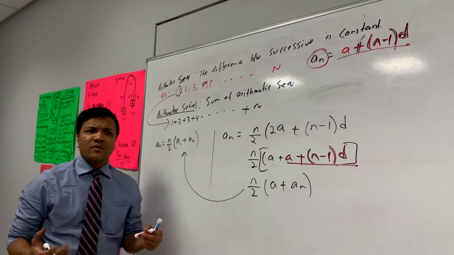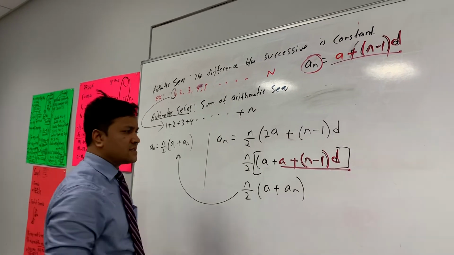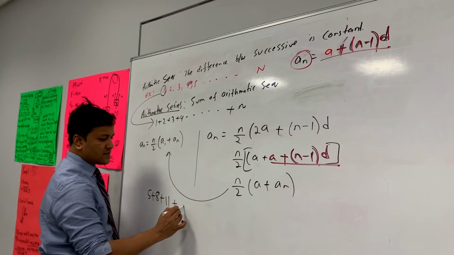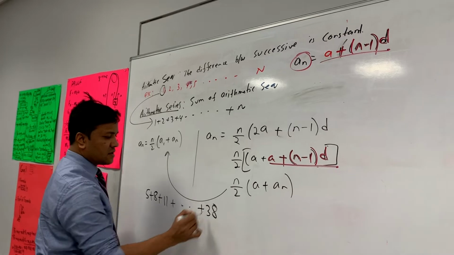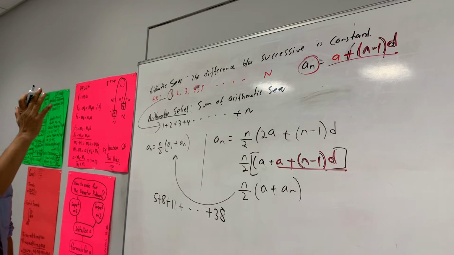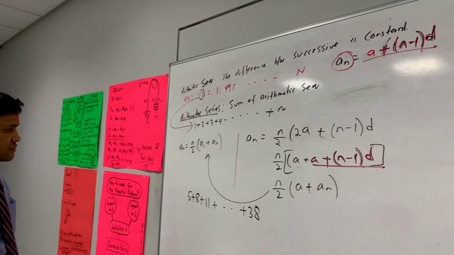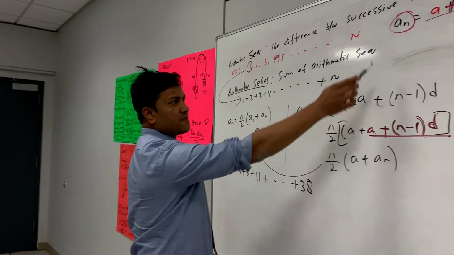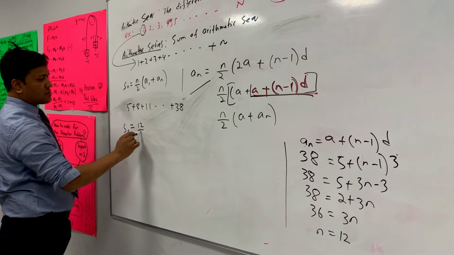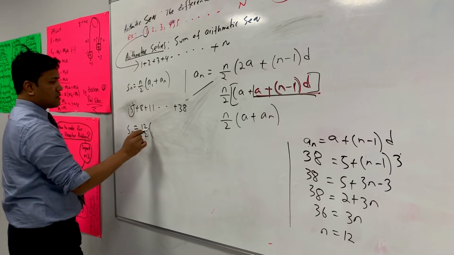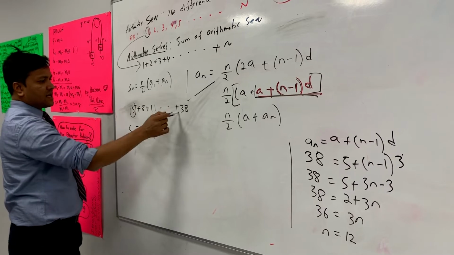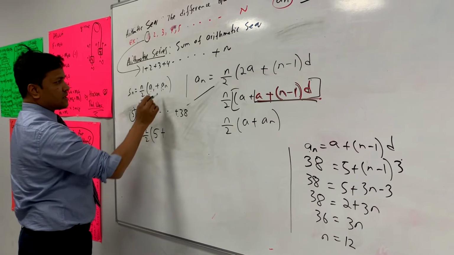Now I'm going to show you an example. Let's say 5 plus 8 plus 11 plus up to 38. So I want to add this using the arithmetic series. So let's first use this one. Sn is equal to n, which is 12, over 2, a is 5, plus an, which is 38.